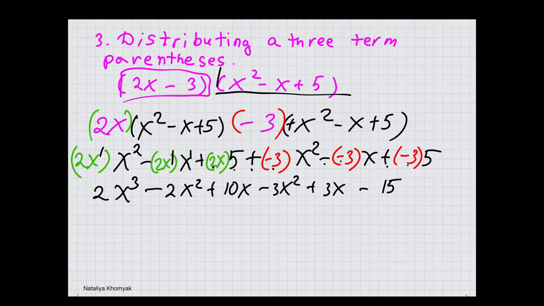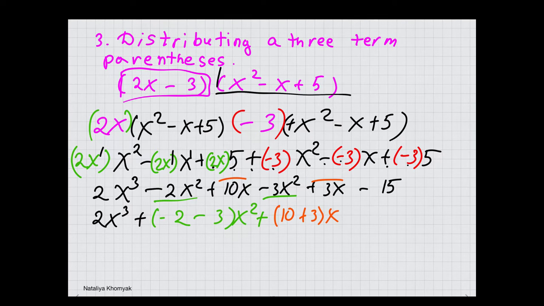We have some like terms. We have no more x cubed, plus we have -2, -3, x to the second. We have 10 plus 3 of x, and we have no more numbers, so it's -15.